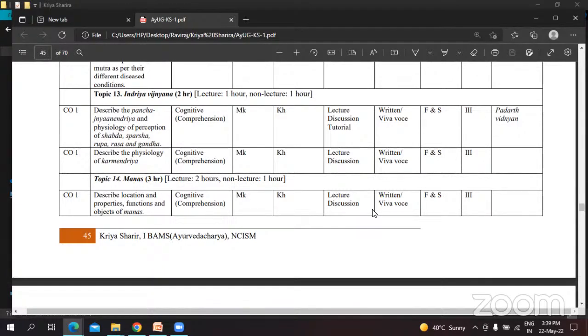So 3 plus 3 plus 3, 9 assessments, plus examination after every 6 months. So first internal examination after 6 months, second internal examination after 12 months, and final examination at the end of 18 months. Plus there will be practicals also.